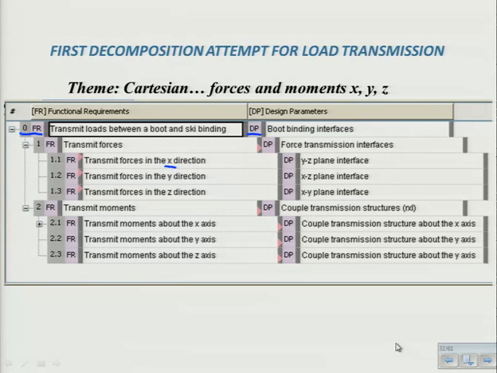So we've got X, Y, and Z forces. And then, so how do I transmit an X force? Well, I need some sort of interface. If this is the X direction, I need some sort of interfaces like that so I can push against something that's attached to the ski with something that's attached to the boot, and then I can transmit a force in the X direction.